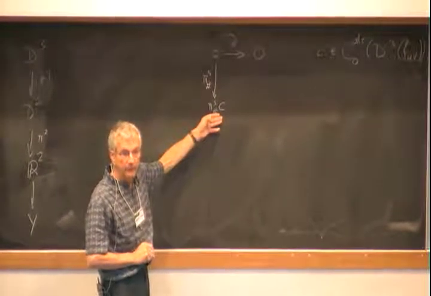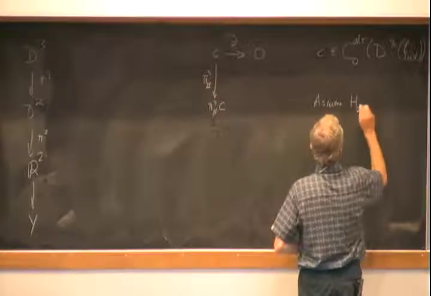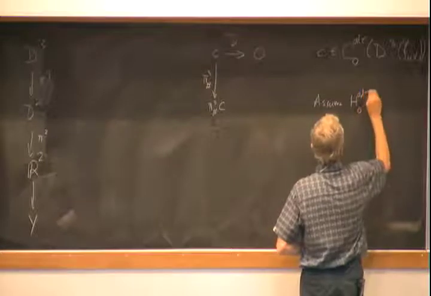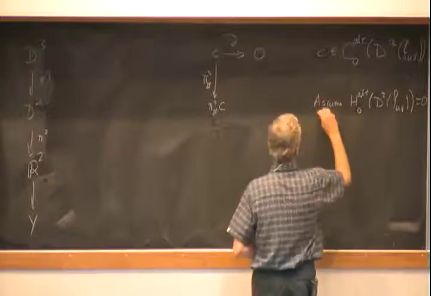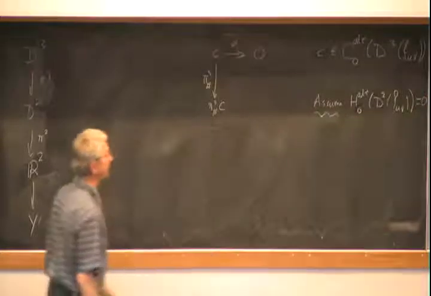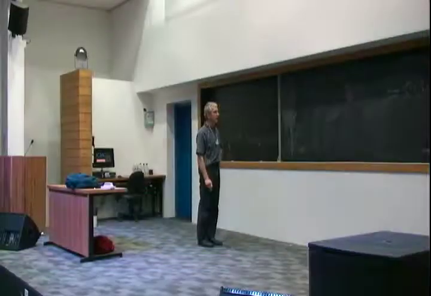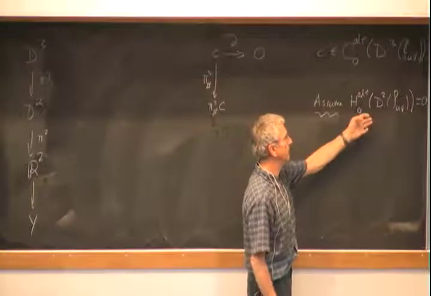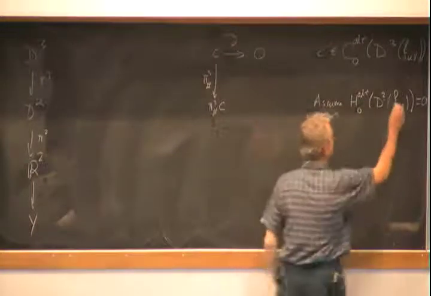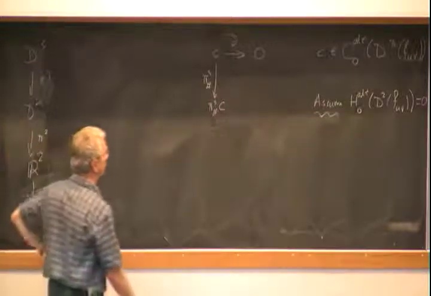Now let's assume that H naught alt of D2 of f u v equals 0. We'll come back to that assumption in a minute. It's correct. It's true. That's sort of easy to see, because if you just think about the definitions, it's easy to see. But let me not worry about that for now.